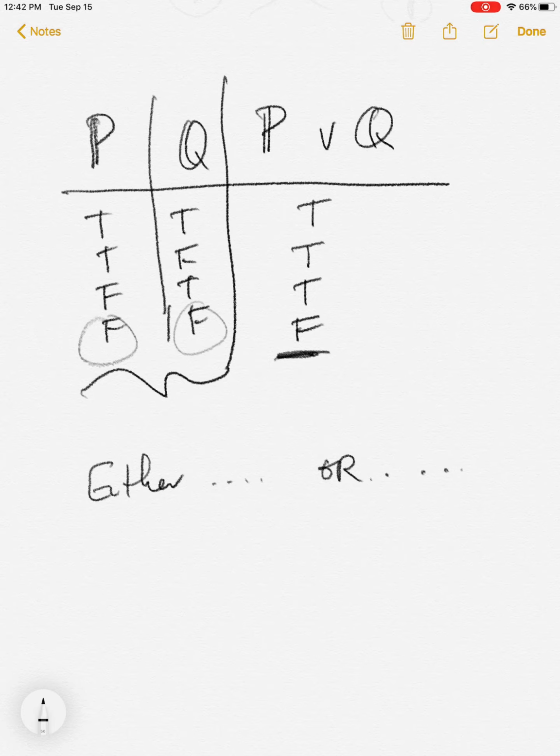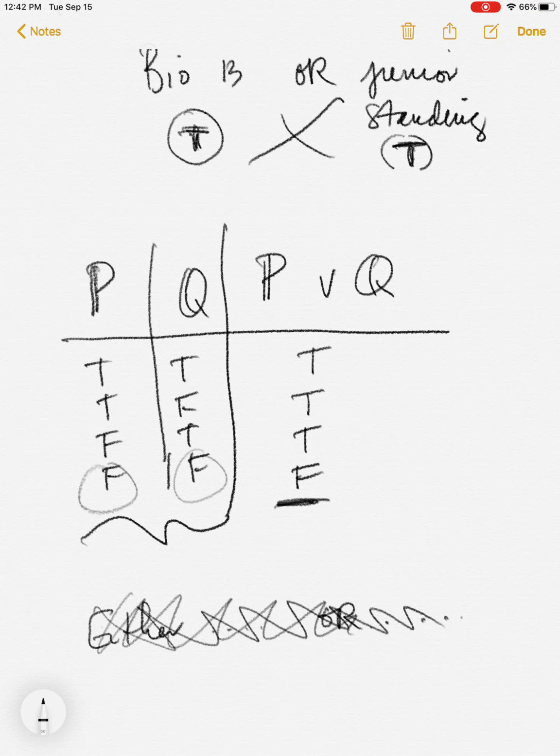But I think it's fine if you just translate or as the wedge. If you don't want to, there are ways that we can capture the exclusive or in our language SL. But I just wanted to make it really clear that this is the meaning that we attach to this connective, which is one of our connectives of SL.